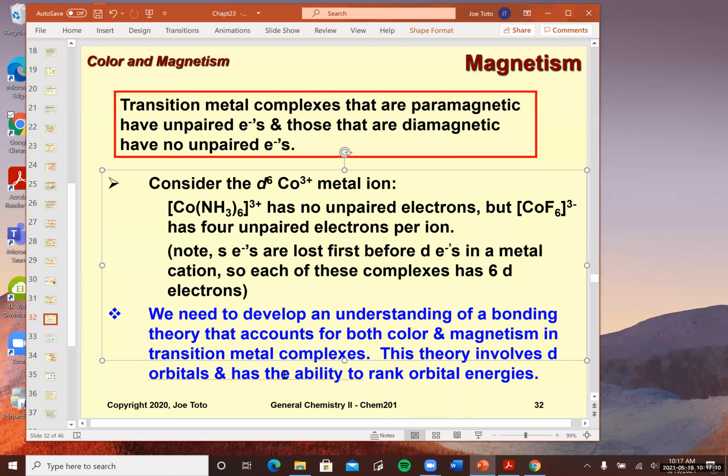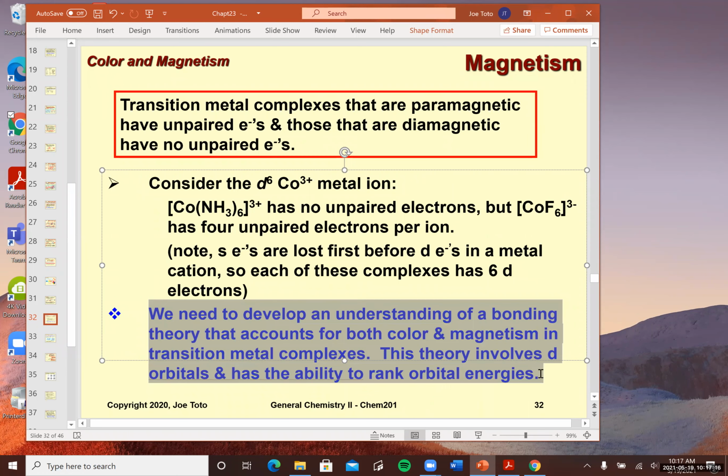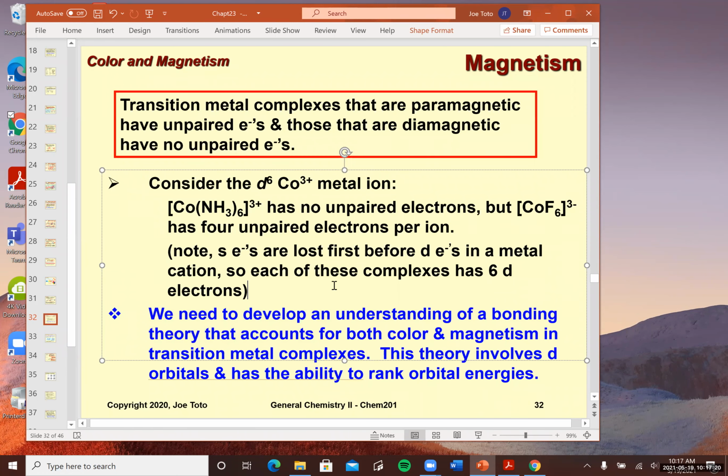But anyway, we want to understand how to use crystal field theory to explain the magnetism and the color properties that we just took a quick look at. Before we can even get to that, we have to rationalize this d6 cobalt 3+ ion in both cases.